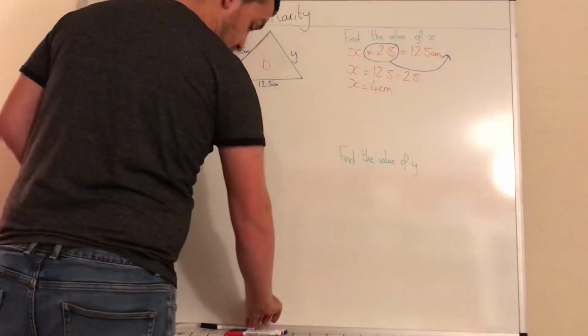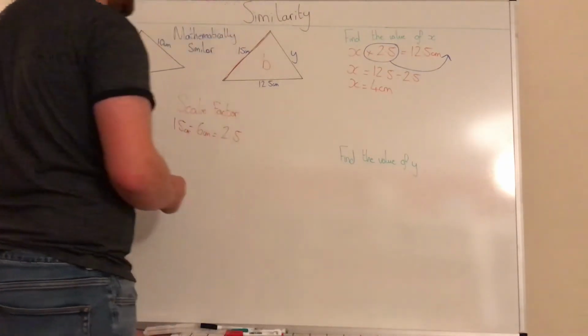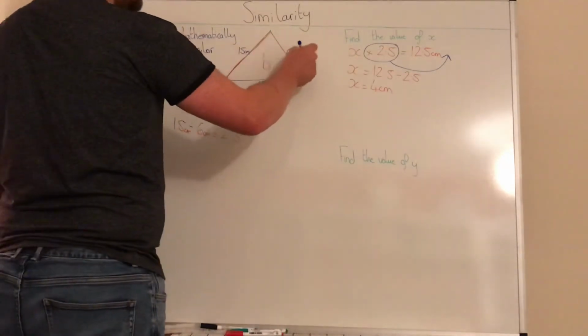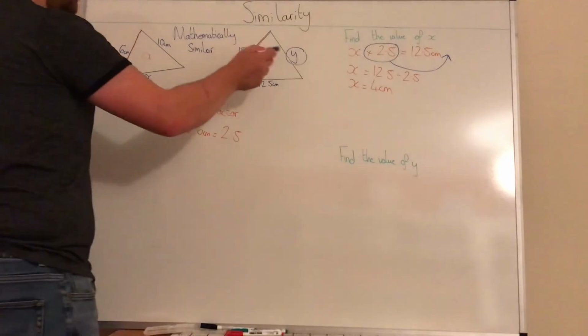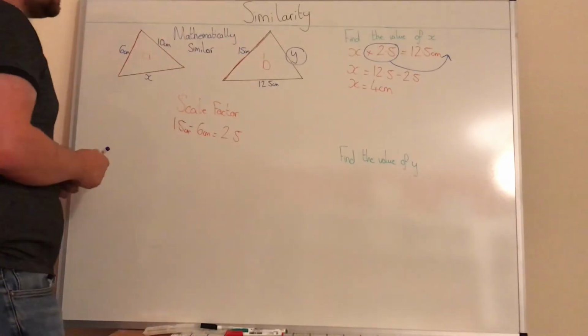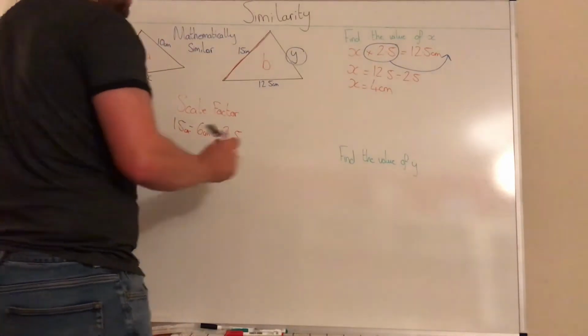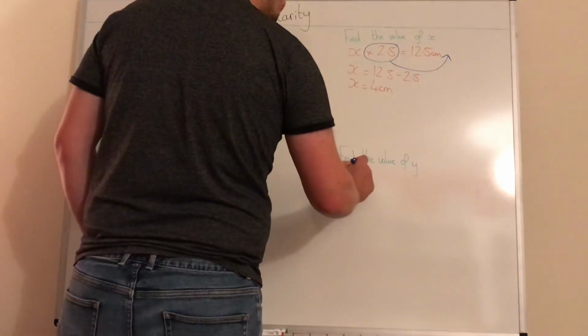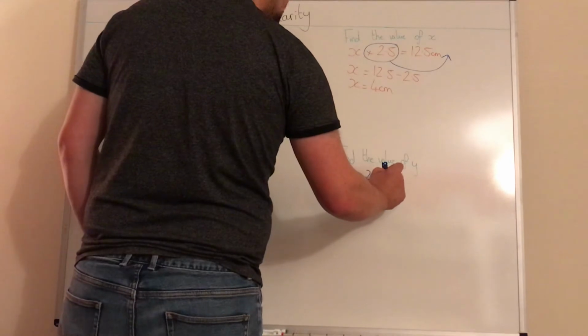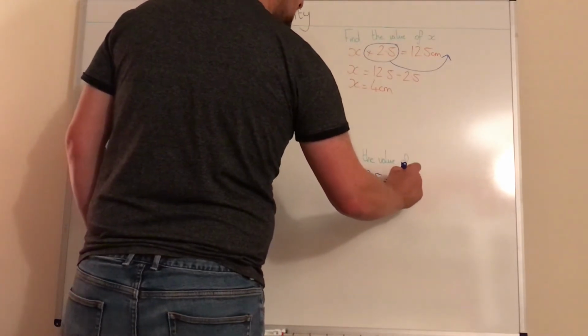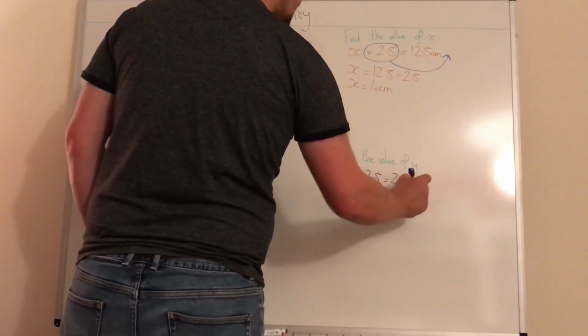Second part of this question then. Find the value of y. y is there. The equivalent side on the smaller shape is 10 centimeters. So we're going to do 10 times 2.5, which is 25 centimeters.